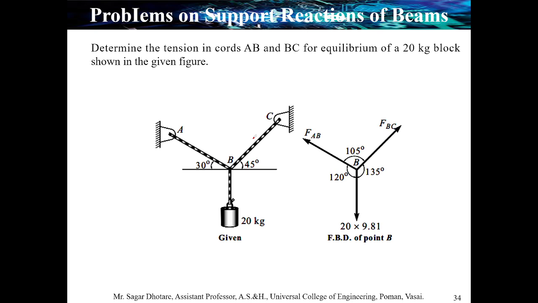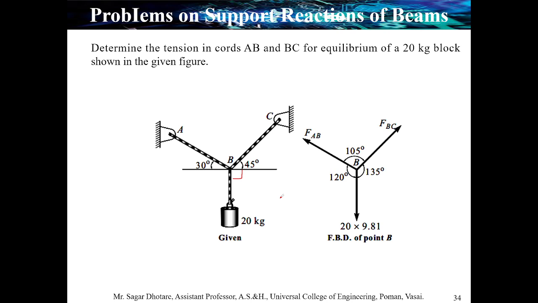Now if you compare both diagrams, the given figure and the free body diagram, the 45-degree angle is shown over here, plus there is a 90-degree angle between line BC and the mass. So the total of 45 plus 90 is 135.